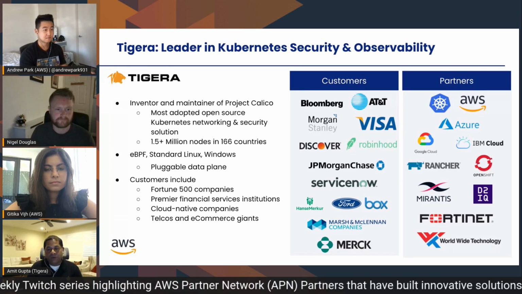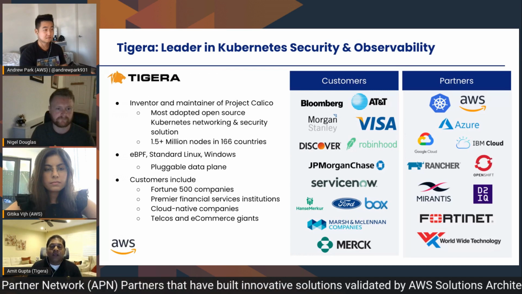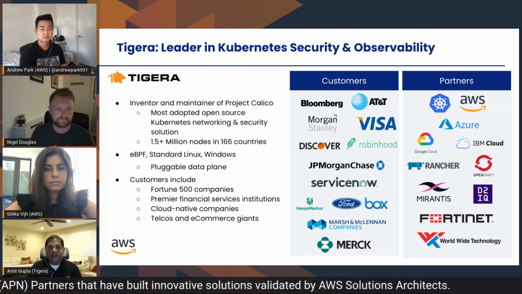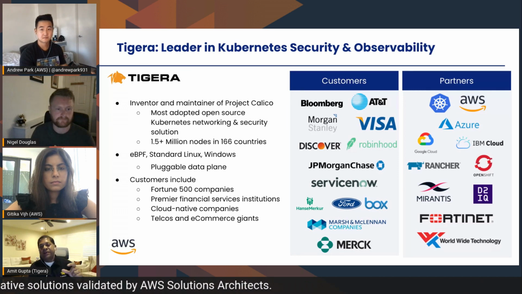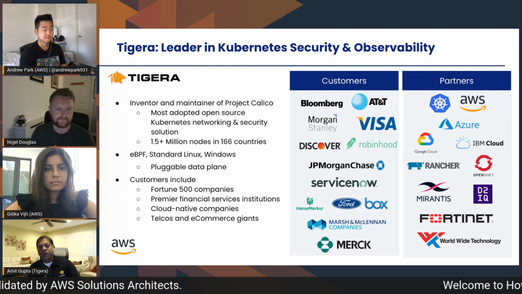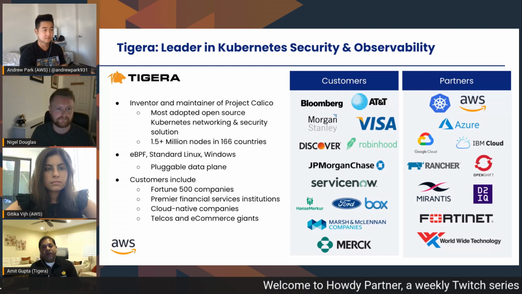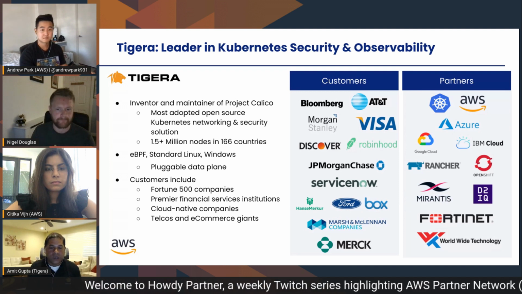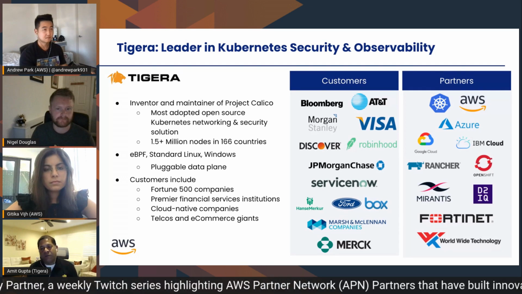There are more than 1.5 million nodes today that are powered, secured, and managed through Calico. In terms of workloads, tens of millions of workloads are being connected or protected across the planet using our open source technology. So very proud to have the ubiquity we have in the market.